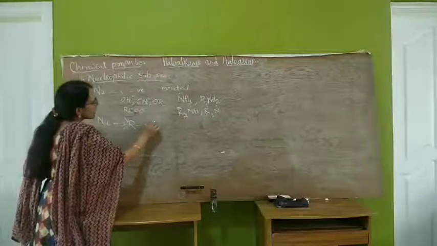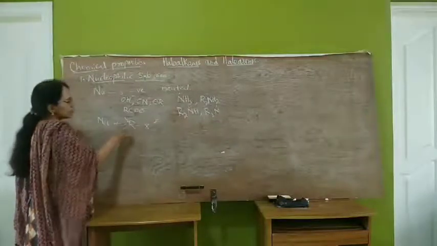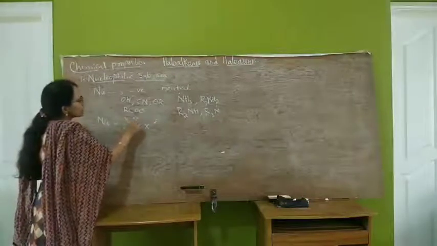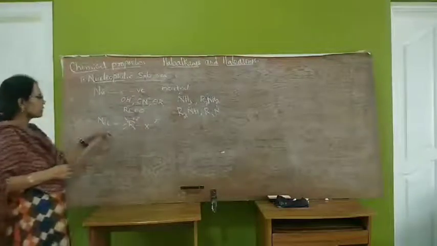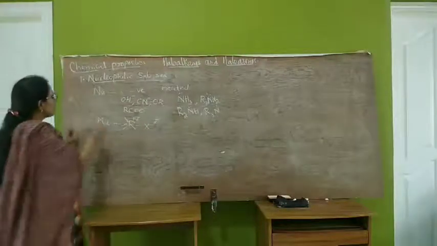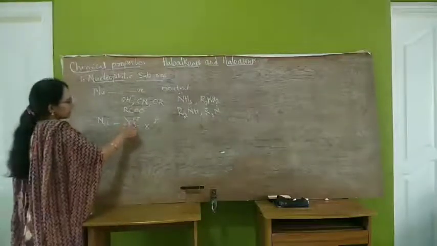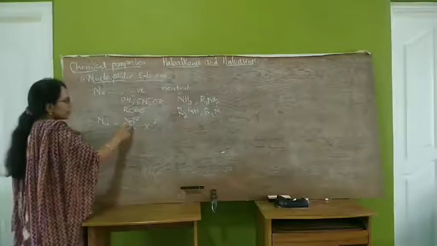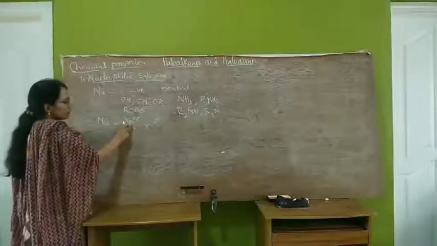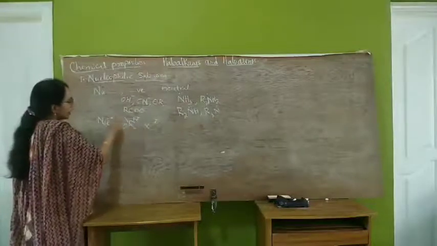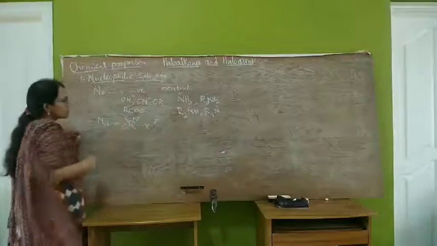Therefore, X acquires a partial negative charge and carbon acquires a positive charge. Since the nucleophile is negatively charged, it attacks the positively charged carbon of the alkyl group of the haloalkane.